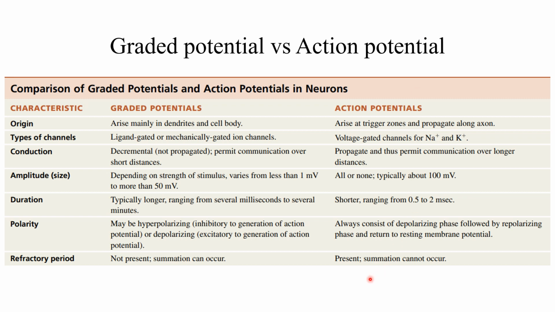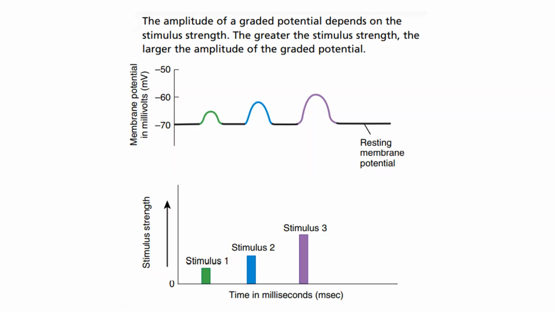Also remember that there is a refractory period in action potential and summation is not present. However, in the graded potential, there is summation and there is no refractory period. This is an illustration of how the amplitude of the graded potential will vary according to the strength of the stimulus. The stronger the stimulus, the greater the change in the membrane potential.